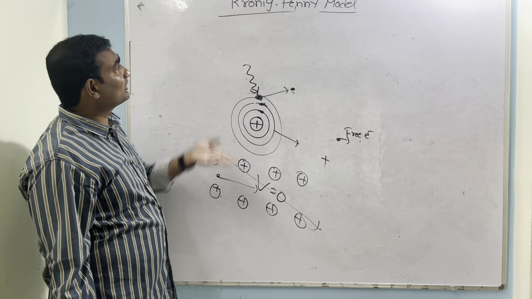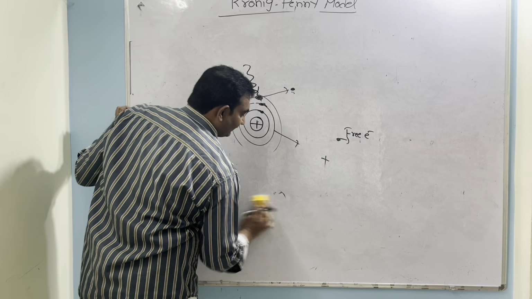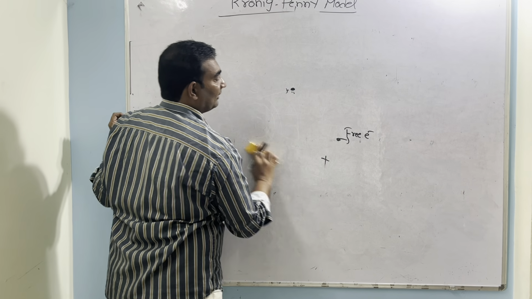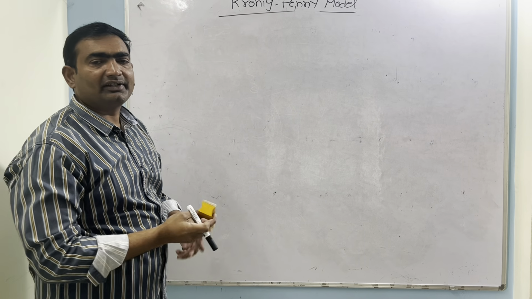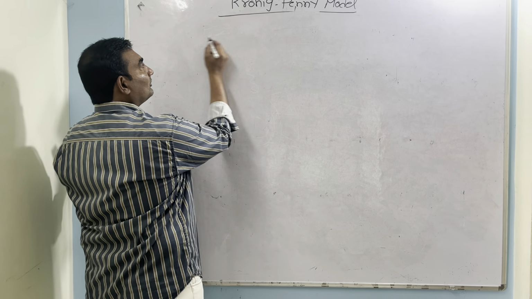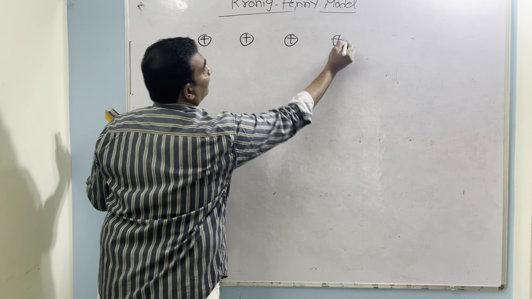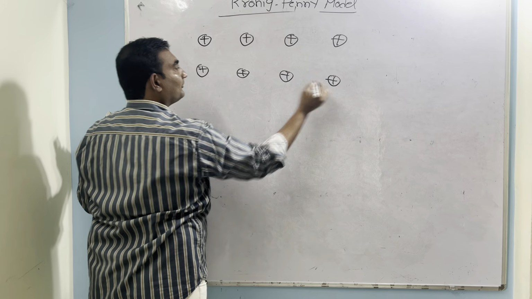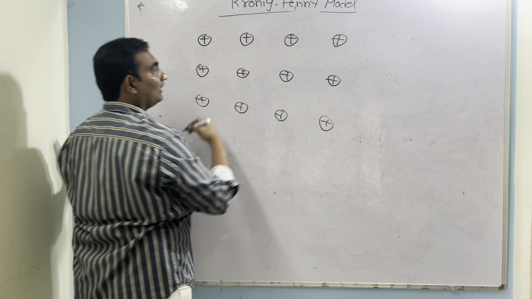For that, we go to the Kronig Penny model. In the classical free electron model, the interaction between the electron and positive ions is completely neglected, which means there is no interaction between the electrons and the positive ions. So now let us take a crystal which consists of positive ions.